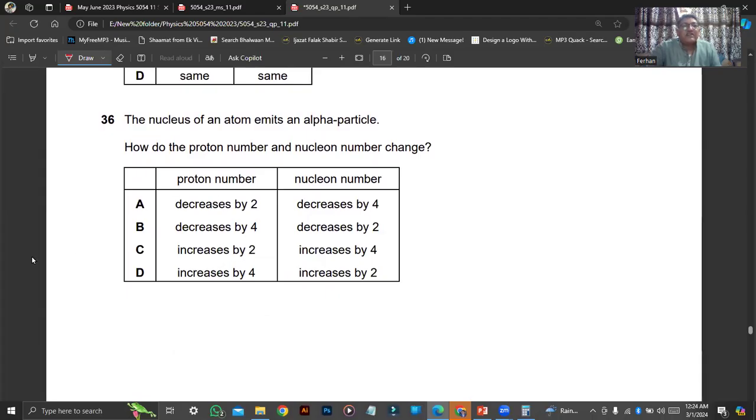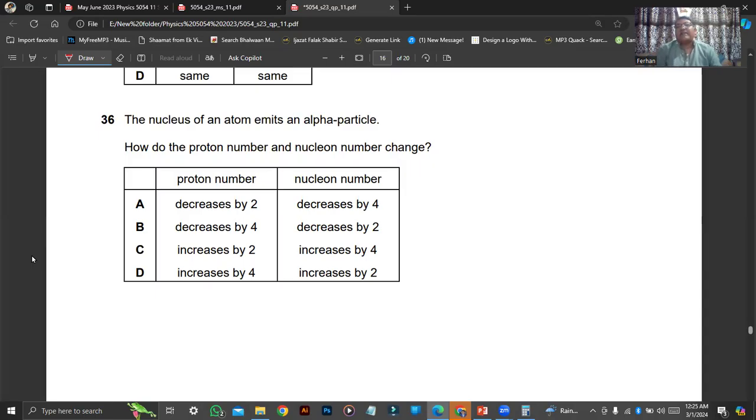Question number 36. The nucleus of an atom emits an alpha particle. How do the proton number and the nucleon number change? Whenever alpha decay takes place, whenever an alpha particle is given out, the daughter nucleus will have 2 protons less as compared to the parent nucleus, and its nucleon number will be decreased by 4.